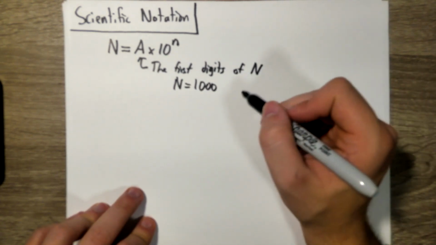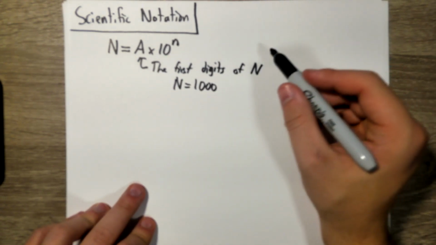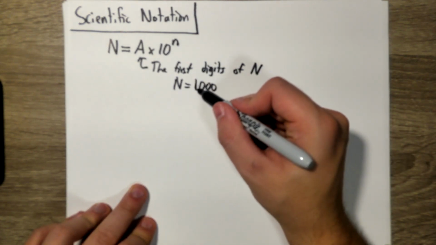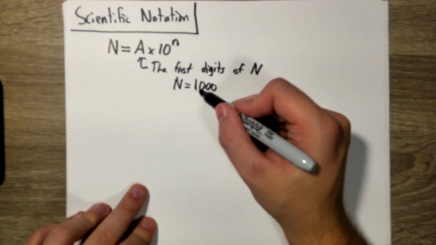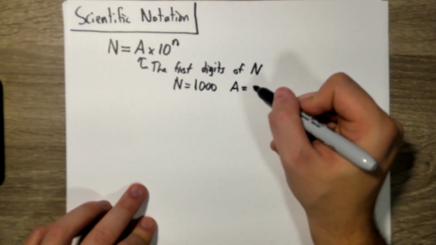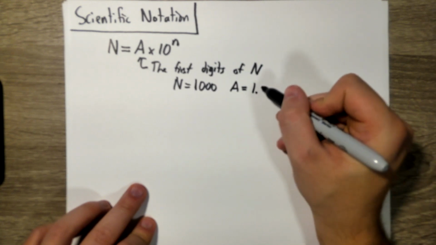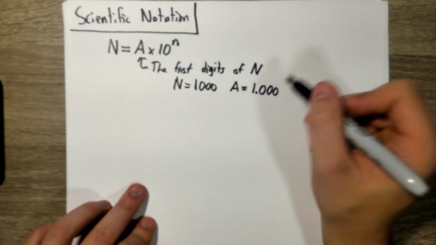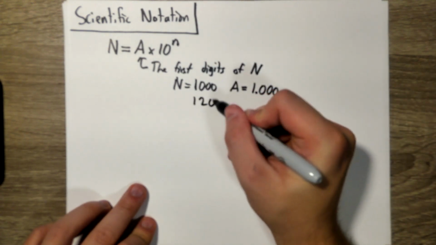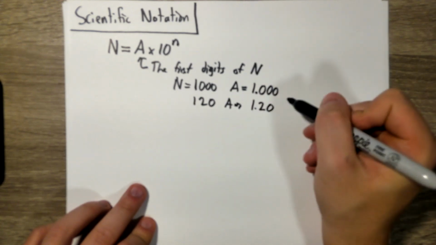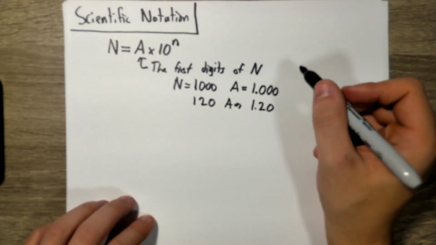But A specifically, in most cases, is written with the first digit as the spot right next to the decimal. So you move your decimal over where A is equal to 1.000. So that's conventional. If you have 120, A would be 1.20, for example.